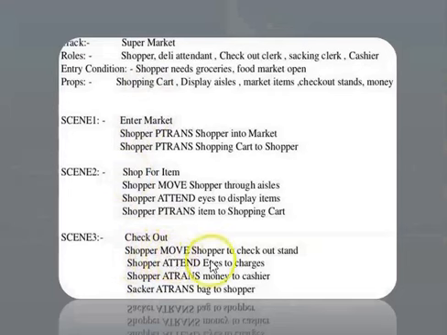Shopper moves to the checkout stand, shopper attends eyes to charges, pays money to the cashier, then back to the packing boy, who hands over the bag to the shopper. An object is being transferred, like A is transferring his pen to B. Likewise, the shopping bag is being transferred to the shopper by the sacking boy.